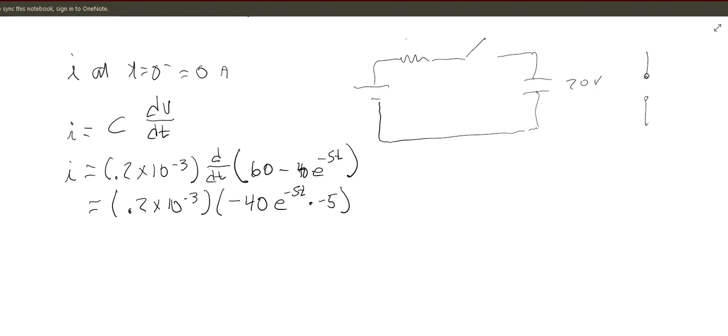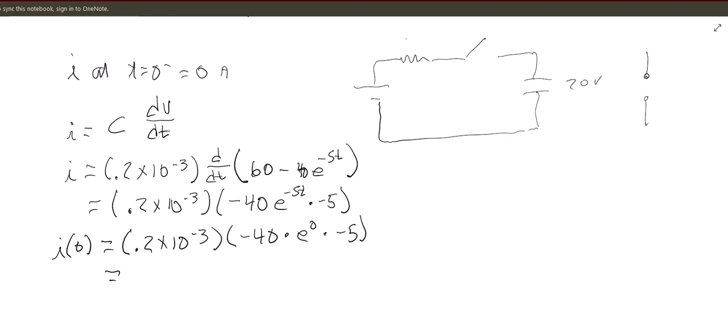If we plug in 0, i of 0 equals 0.2 times 10 to the negative 3 times negative 40 times e to the 0, which is 1, times negative 5. If you do that out, I believe you get 0.04 amps.